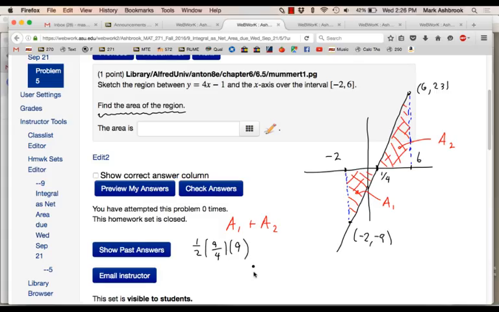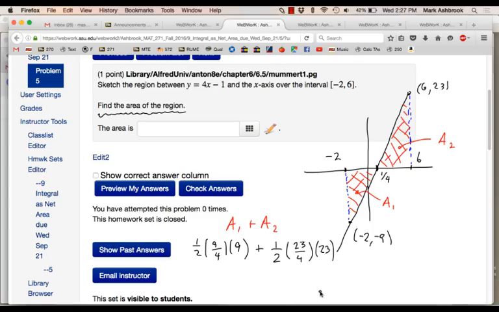That's the area 1, right? 1/2 base times height. 9/4 from negative 2 to 1/4, and then the height's 9, plus A2, 1/2 base times height. Base is going to be 5 3/4, 23/4, times height, 23.